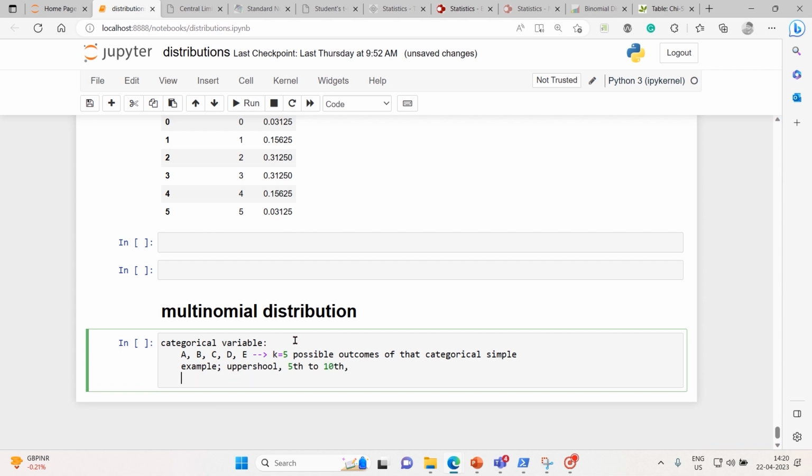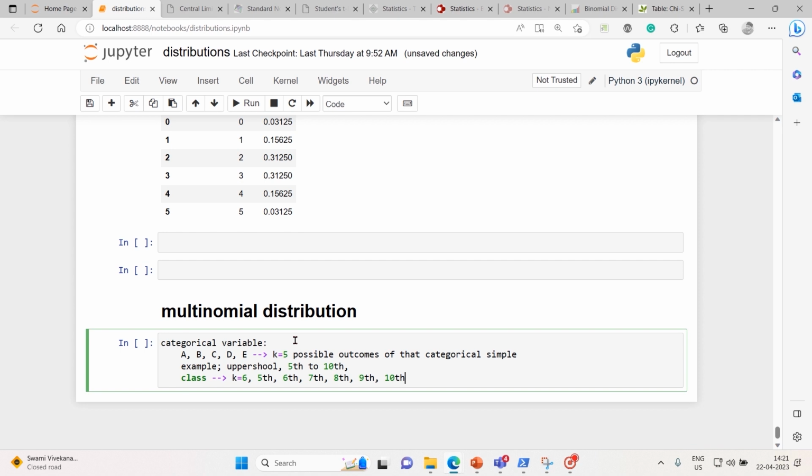So when somebody asks which class you're studying, the class is the variable name, and what are all the possible outcomes you have? Either you can say 5th or 6th or 7th or 8th or 9th or 10th. So in total you will have 6 possible outcomes. That's it.